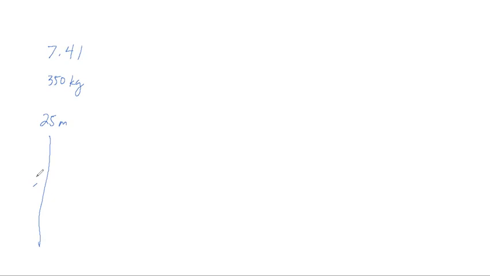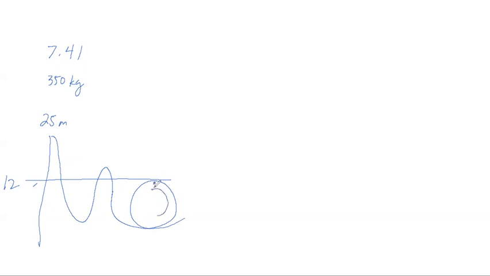How fast is the roller coaster moving at point B? It does a whole bunch of gymnastics between there, and then point B is 12. But really, this is a conservative force, so it doesn't really matter what it does between those. And it's upside down here. It's going this way.